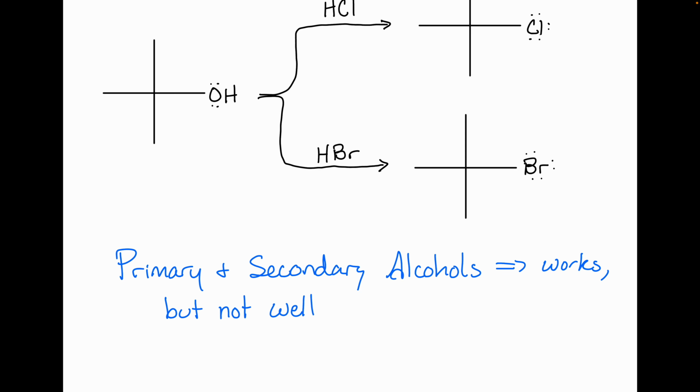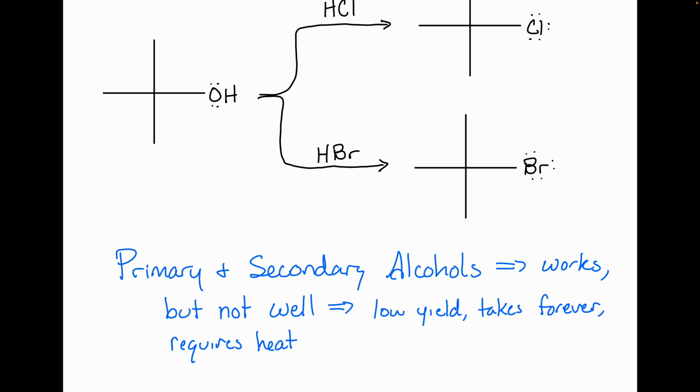All right, so you can kind of force a primary or a secondary alcohol to become an alkyl halide using this method here, but you're going to get a low yield, takes forever, and requires heat. All right, which is never super desirable. The more heat that you impart on a substance, the more likely some side reaction that you don't want is going to occur. All right, so this works for primary, secondary alcohols, but it's not ideal.